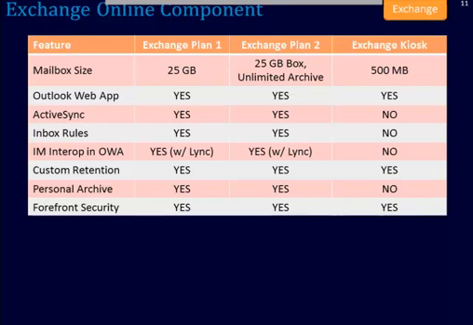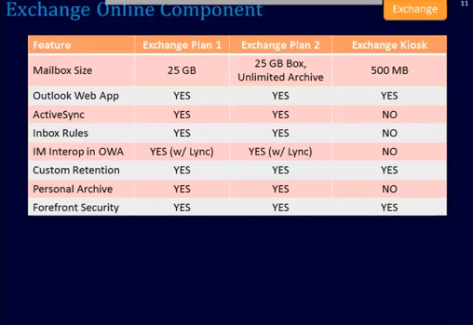You'll both have interoperability with Lync Instant Messaging if you're running Lync. You can set custom retention policies on all three plans, so you can determine and enforce your retention policies within your organization. You'll be able to create personal archives for Exchange Plan 1 and 2. And Forefront Security for Exchange comes with all three plans.